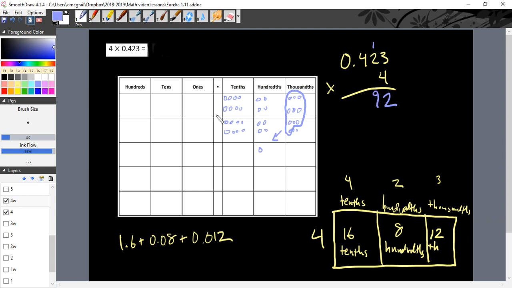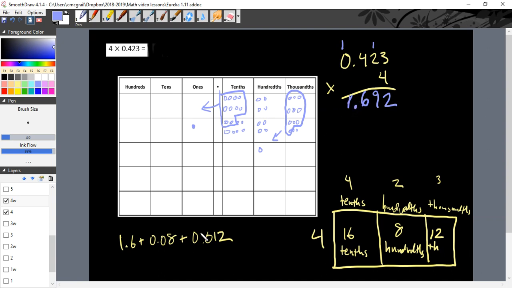Next, I can see that I have 16 tenths, but I can't fit 16 here. I can only fit in 6. And I'm going to take 10 of those and move them to the ones place. That is why 4 times 0 is 0, but then I have 1 left.